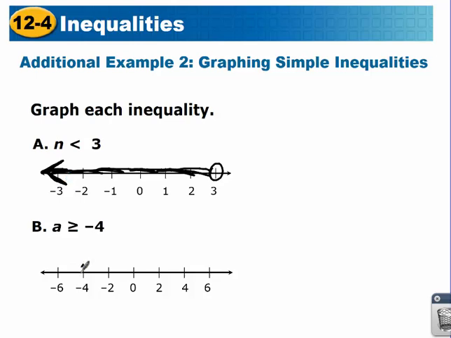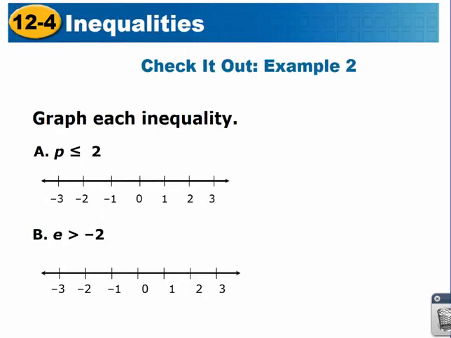So I put a closed circle on -4 because I can include -4. But I need all values greater than, or to the right of, -4. And what you find out is if the letter is on the left-hand side of the inequality statement, the inequality points the direction that it needs to go. So less than is to the left, greater than is to the right. So you try 2 more, and then we'll be done for the day.